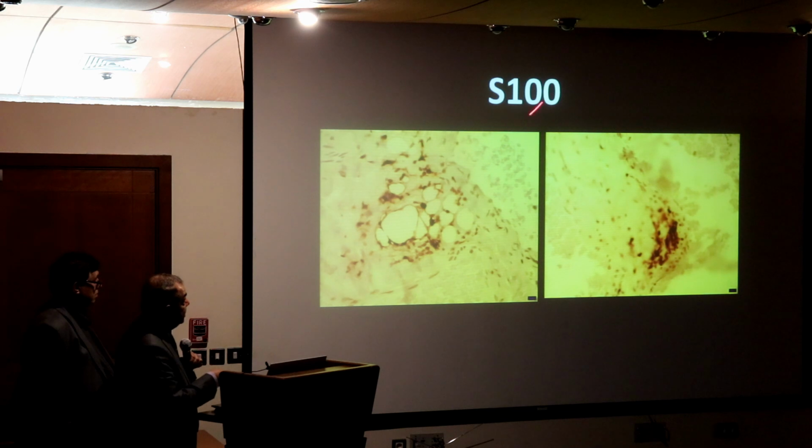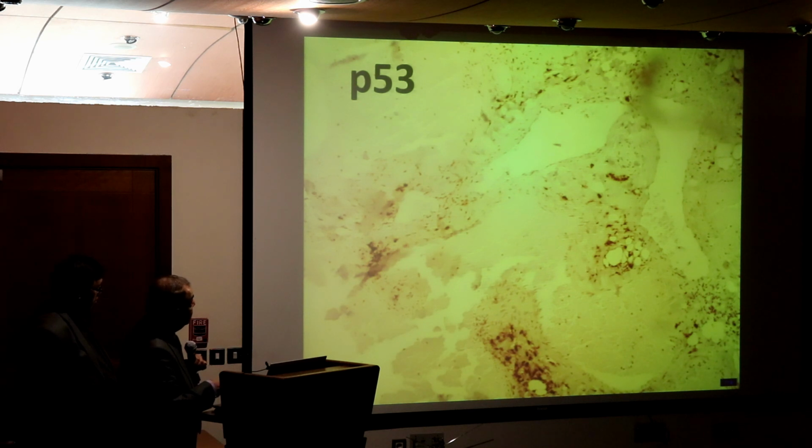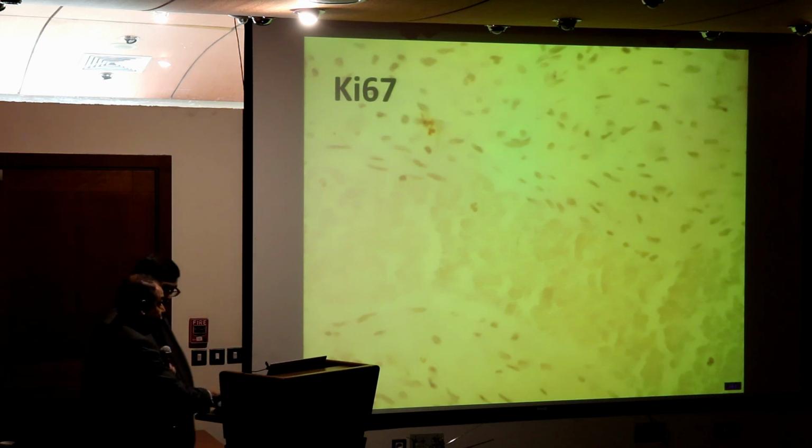S100 shows some twigs of nerve fibers in between the cavernoma, but no large nerve fibers. But S100 also stains fat. This is important. It stains nerves and stains fat, and this is the fat tissue that's positive. P53 was negative in this case, and Ki67 was negative in this case. So this was a cavernoma or cavernous tumor.